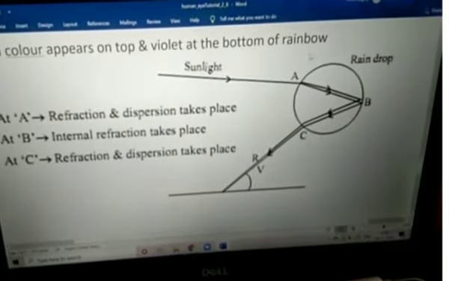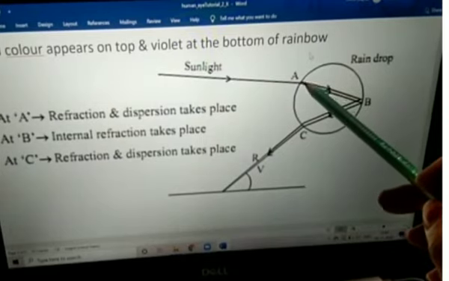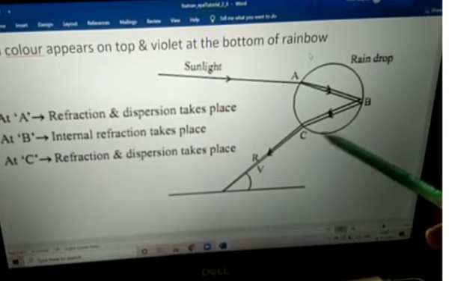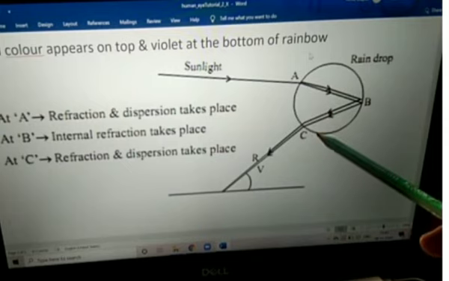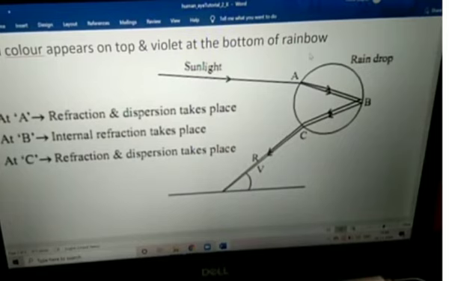You can see in this diagram that at point A, refraction as well as dispersion is taking place. At point B, internal reflection is taking place, and at point C, refraction and dispersion of the light is taking place. And this circle is the raindrop which is acting as the prism to disperse the white light.